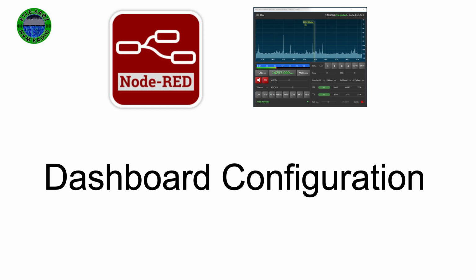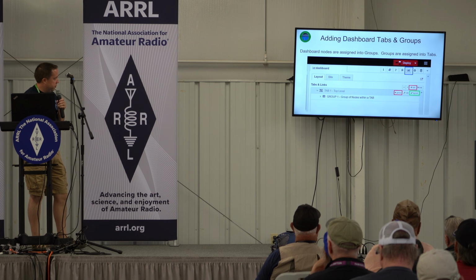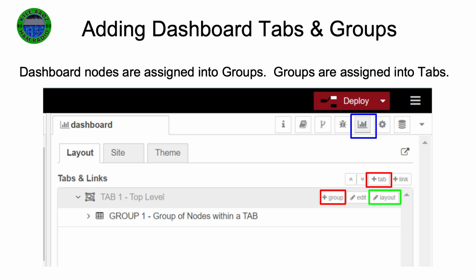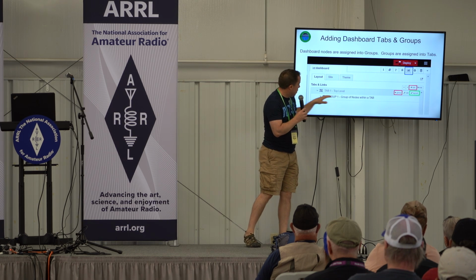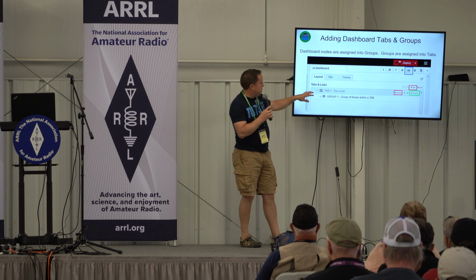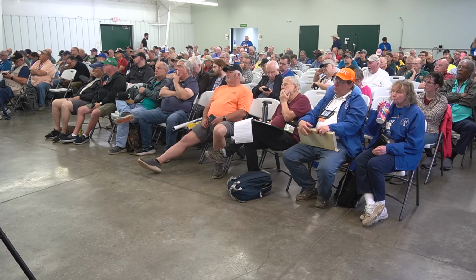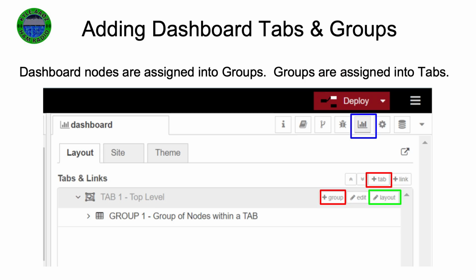So this is the cool stuff. I really like doing the dashboard stuff. So remember that sidebar that we just talked about? That purple square, if you click on that, it's going to give you the dashboard layout. The thing to take away from here is you've got a layout tab, and you've got tabs, groups, and then nodes.